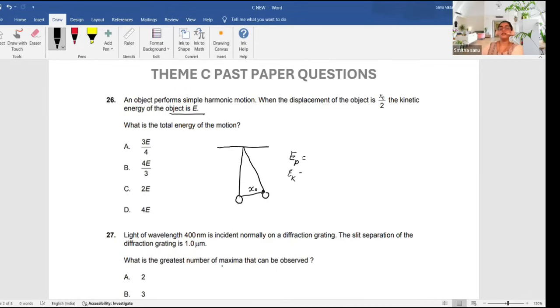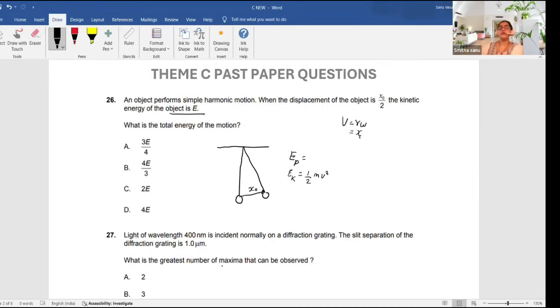And kinetic energy is given by the formula half m v squared. So if I use the formula v is equal to r omega, here the maximum displacement, which is the amplitude or the radius of the circular path, is nothing but x0.